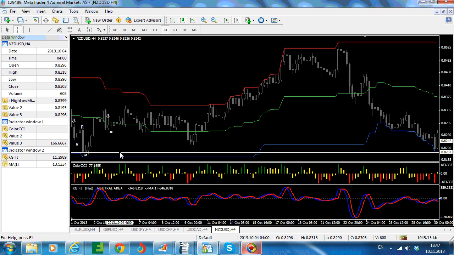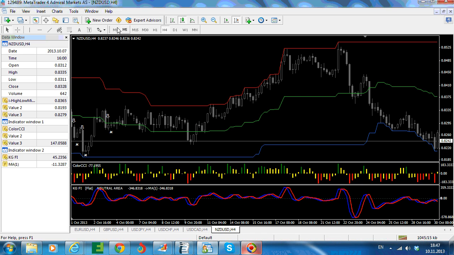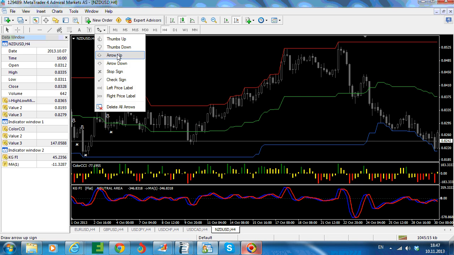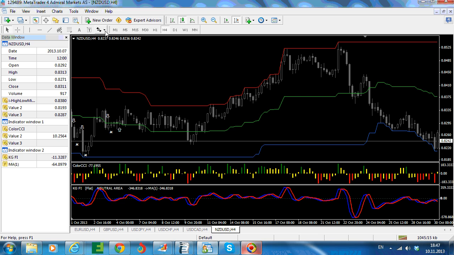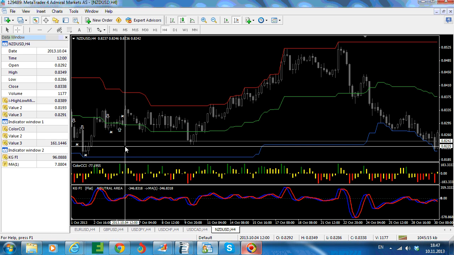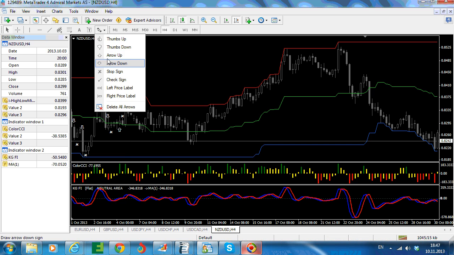Then this should be to the upside, but the KGFI anyways is positive, so this is a buy call signal. But again this is expiring out of the money. This one is a valid signal to the upside, but it's expiring out of the money.